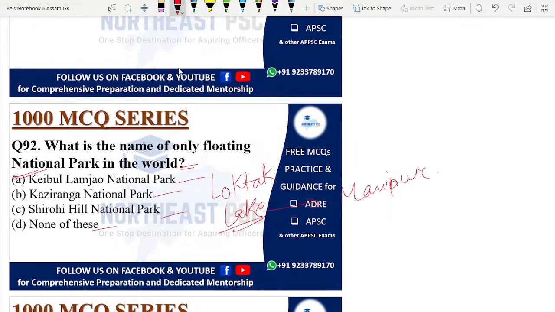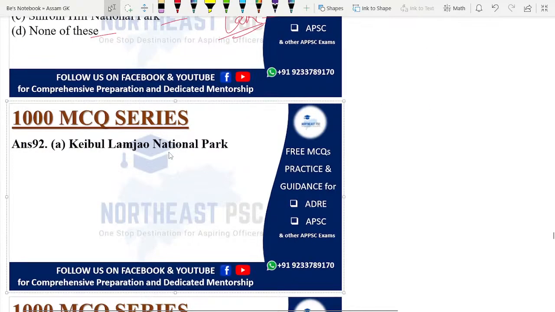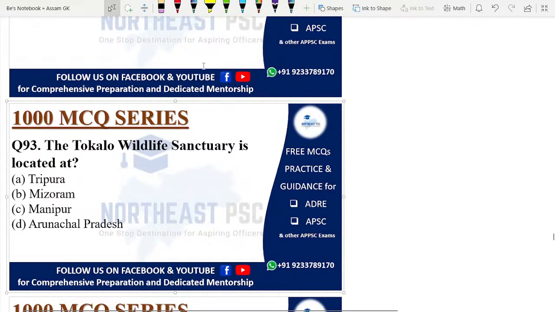Moving on to question number 93. The Tokalo Wildlife Sanctuary is located in Tripura, Mizoram, Manipur, or Arunachal Pradesh. Tokalo Wildlife Sanctuary, where is it situated?